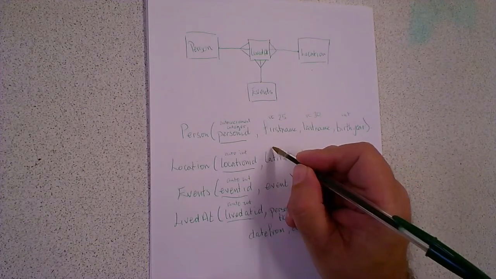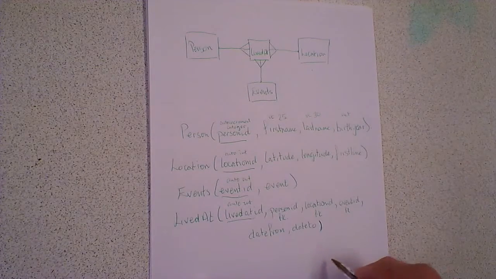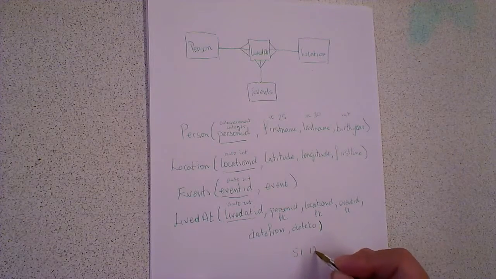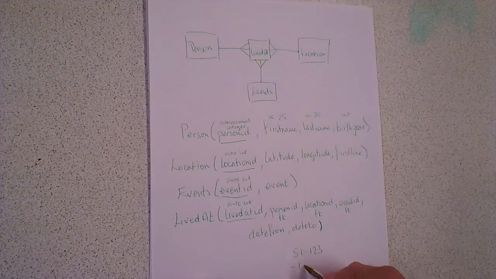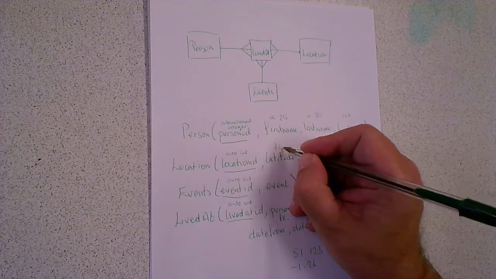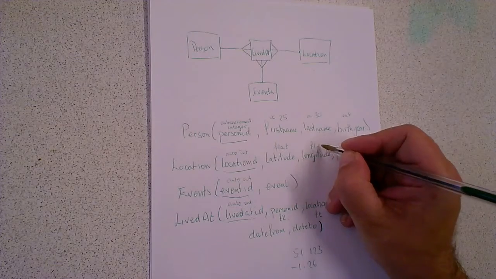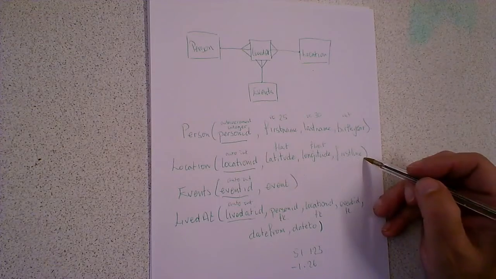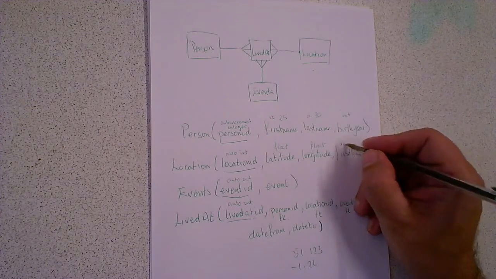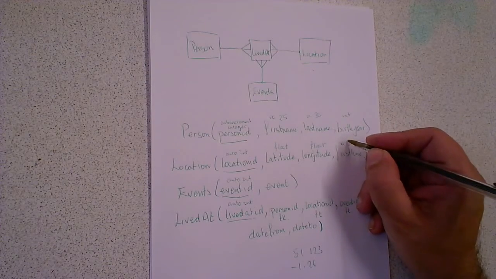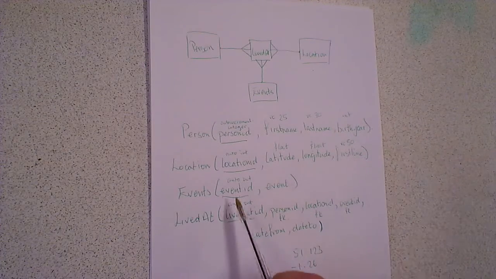What I really want these to be is sort of a latitude and longitude may look like this. So certainly integers are out of the picture, and they are actually called floats. So I'm going to have both of those as floats, and the first line of the address, well, that's going to be a variable, and let's make it large enough to hold, so let's give it 50.